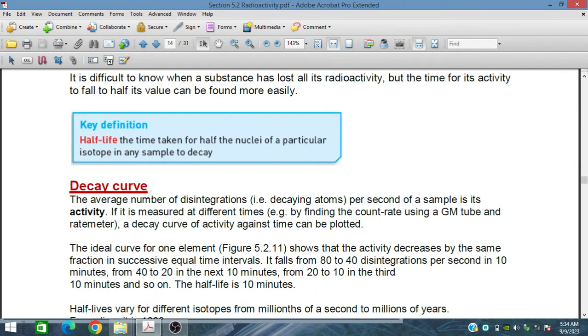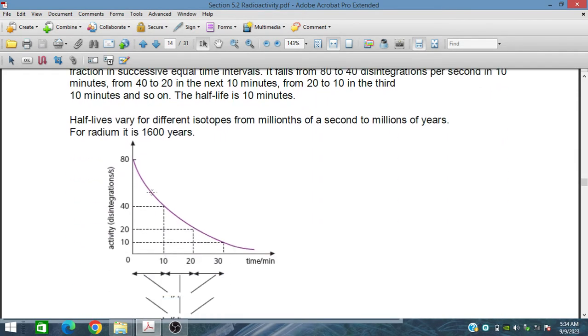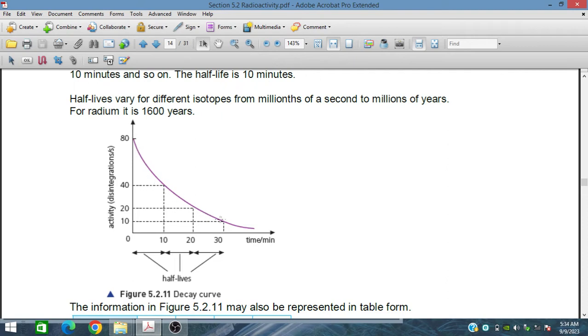So this is a radioactive decay curve. With time, this radioactive disintegration occurs. Suppose 80 disintegrations per second fall to 40 disintegrations per second after 10 minutes, and then after 20 minutes, after 30 minutes.